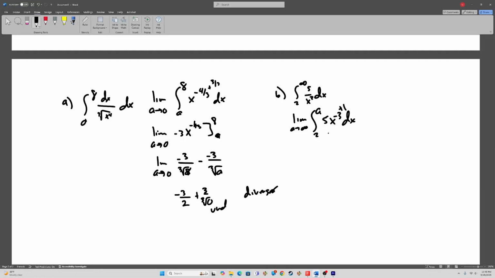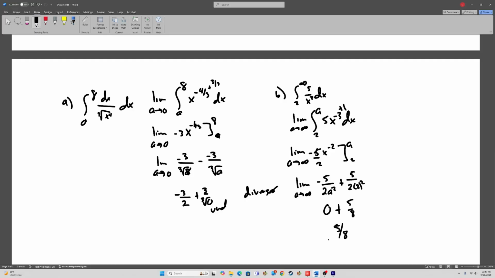We're going to add 1 to this, so that's going to be 5x to the negative 2, but then times negative 1/2, from 2 to a. So limit as a approaches infinity of negative 5 over 2a squared plus 5 over 2 times 2 squared. And when we plug infinity in here, the denominator is going to infinity, so this is going to 0. So plus 5/8. So this converges to 5/8.